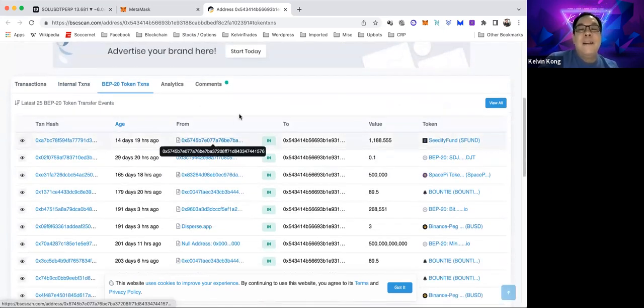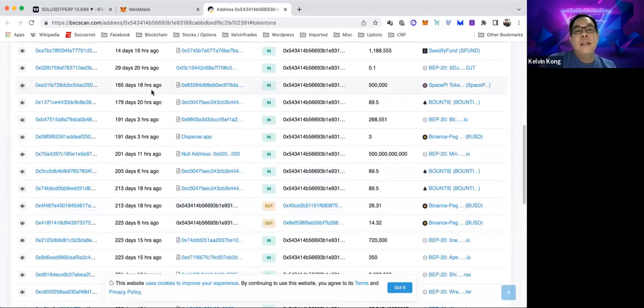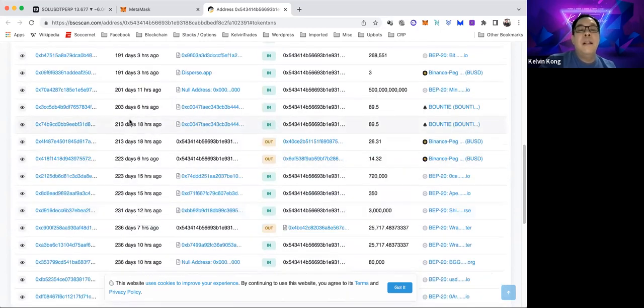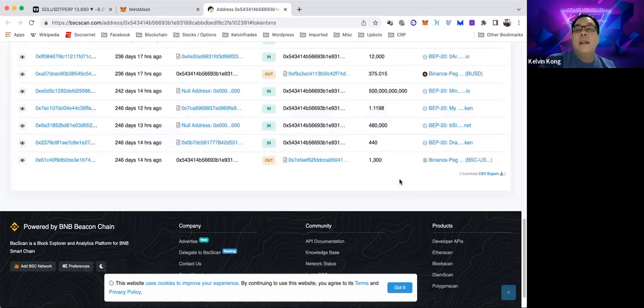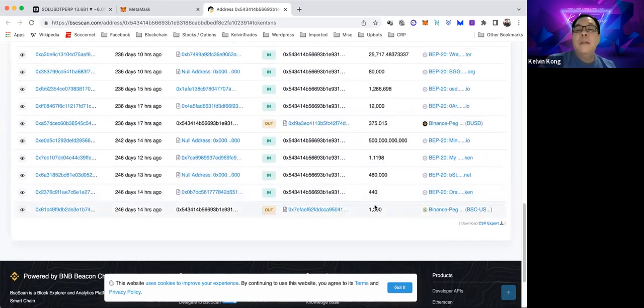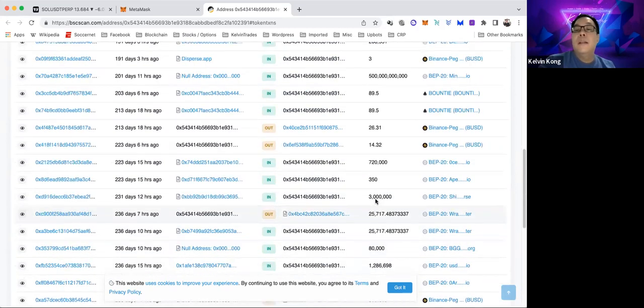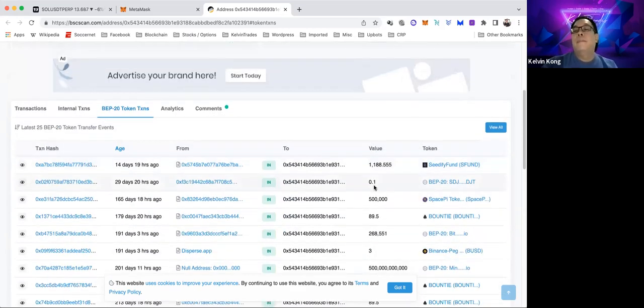All I know is this is the blockchain. You can come in here and see all my transactions done: in, out, when, how many days ago. It doesn't give you the date, but it gives you the number of days ago. And what did I transfer in and out of this wallet, through the Binance Smart Chain.